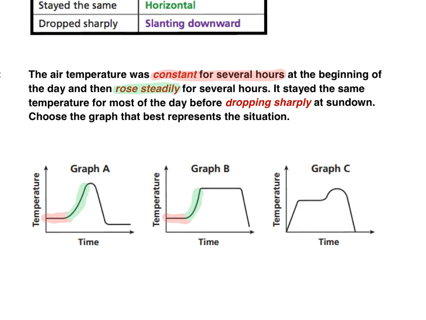Next it says stayed the same temperature for most of the day. Well, that would have a flat line, like in graph B. And the last one says dropping sharply at sundown. Well, dropping sharply would be a quick drop down. So it's definitely graph B that would be our answer.